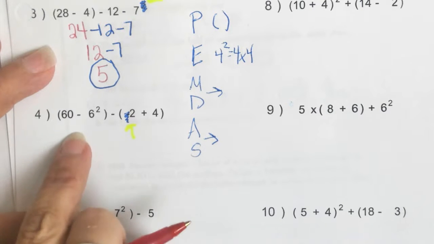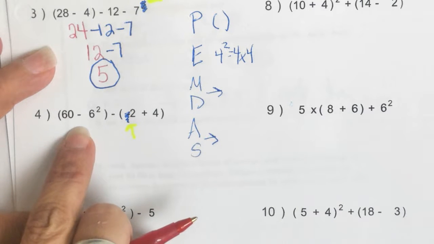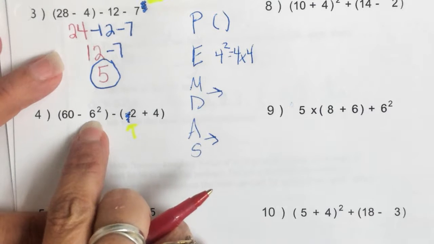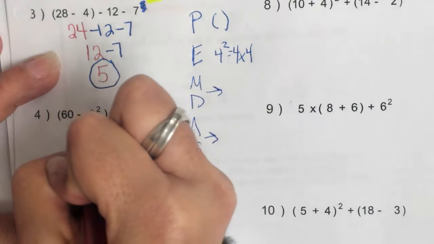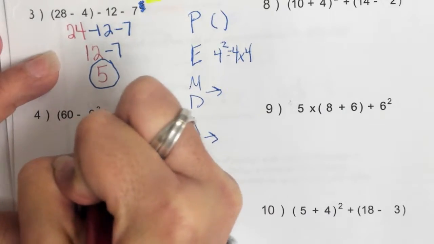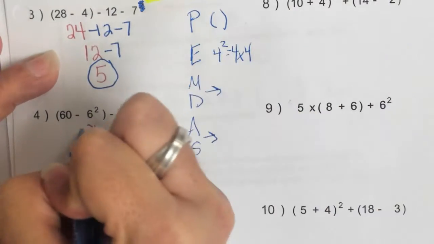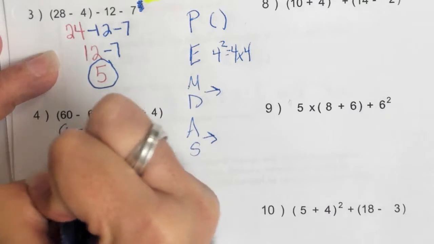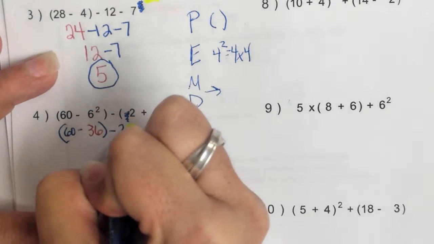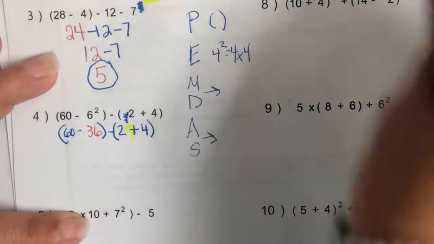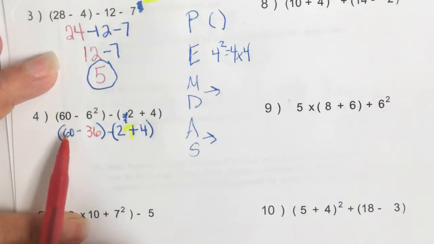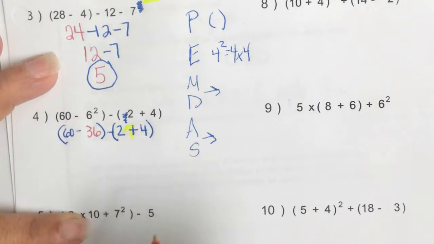Okay, in these parentheses, what should we do first? The exponents. 6 squared is? 36. Ooh, good. 36. I always worry that you're going to tell me other numbers. Okay, now what? 60 minus 36? 24?